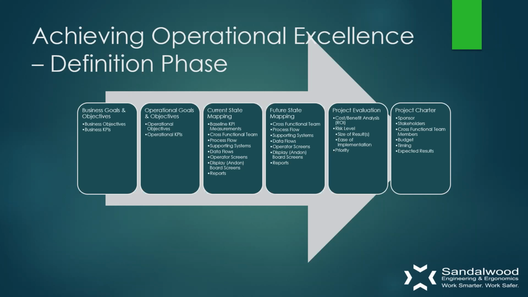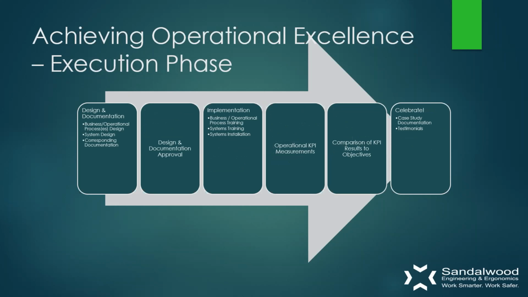Right, and then that eventually feeds into projects, right? That you can define their scope, stakeholders, the budget, the timing, the expected results, and then move into the execution phase, where you actually do the design and documentation of what the new business processes and operational processes will be. Design the systems around that.